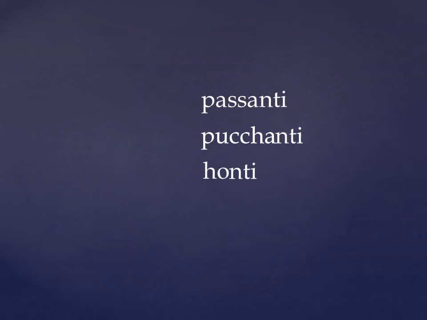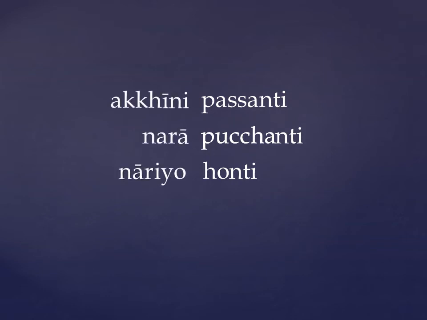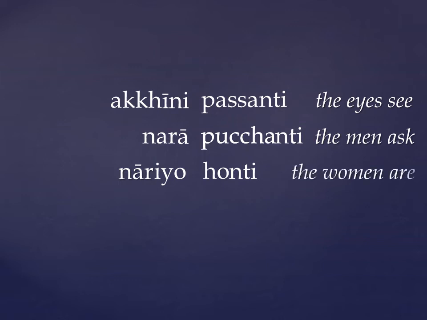Okay, so let's swap these now for plural verbs and make some sentences. Akhini pasanti, the eyes see. Nara puchanti, the men ask. Nario honti, the women are. So again, the nouns take the nominative endings because they're the subject of the verb. But this time they take the plural endings.